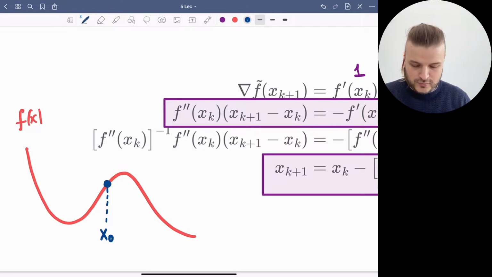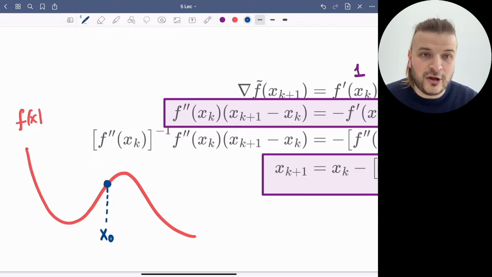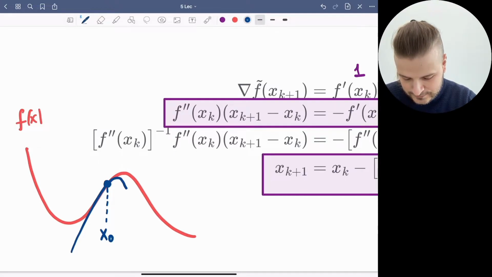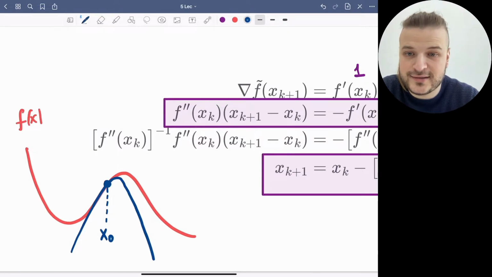So which direction would you choose if you run the Newton method here? You'll approximate locally with the best parabolic approximation, and this approximation actually will be like this. It will be a parabola, but with a minus sign because of the slope, because of the curvature.